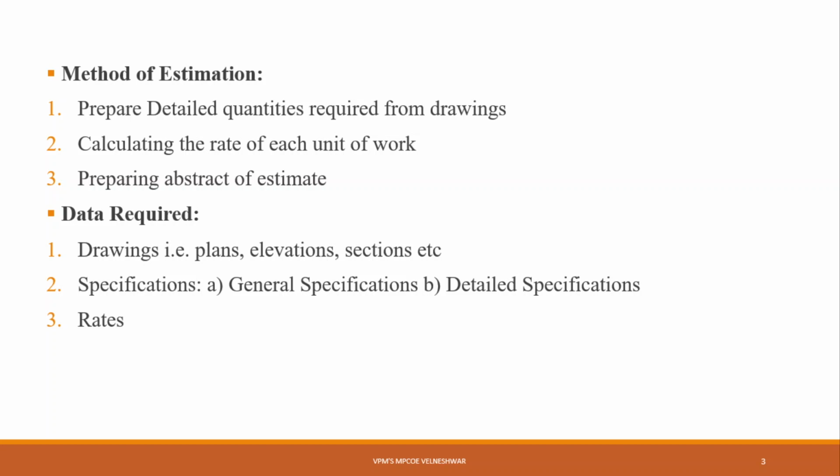First is the unit rate of each item. Suppose for example there is an item of doing PCC. Then for 1 cubic meter of PCC you will require 250 rupees per meter cube. This is your item rate of that PCC. So you should know each and every item and its rate for an estimation, right?